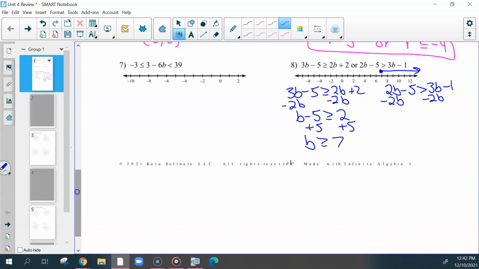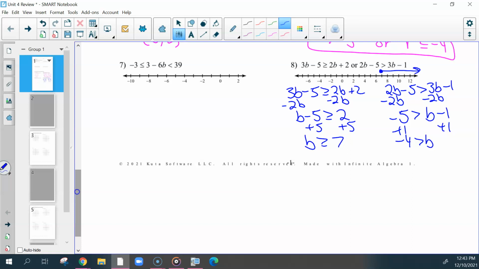At the end, I'm going to need to either read my answer backwards or switch it, and we'll see that in a second. Add 1 back to the left. You can leave your answer like this, negative 4, read it right to left though. b is less than negative 4, or if that confuses you, take the whole thing and flip it.